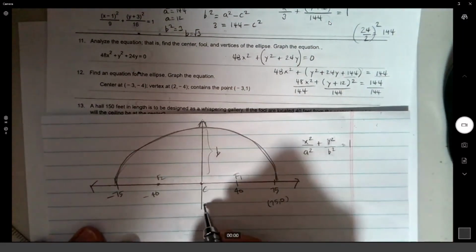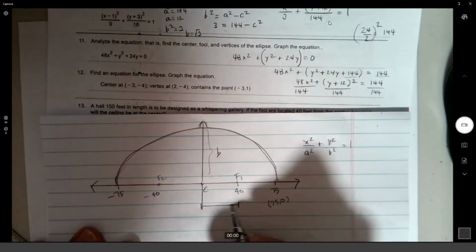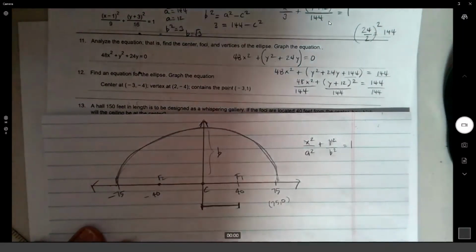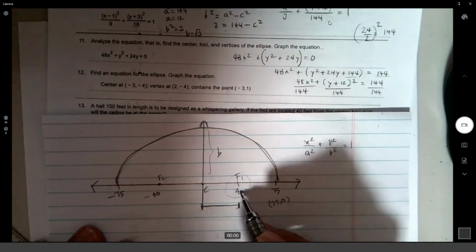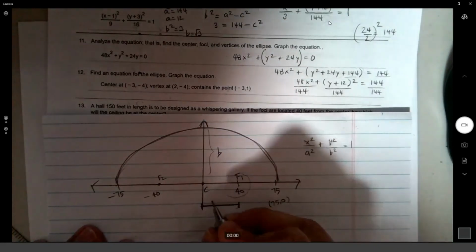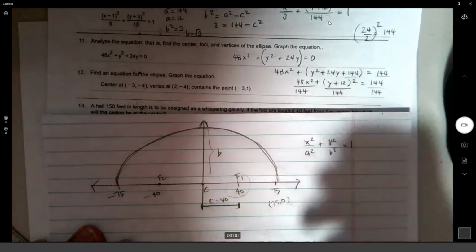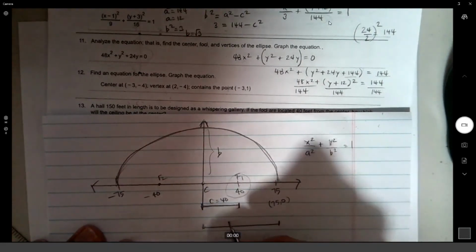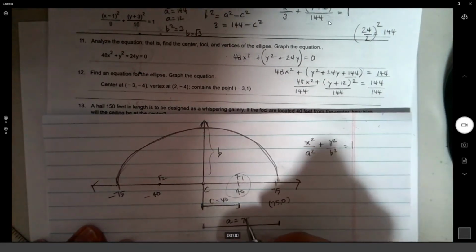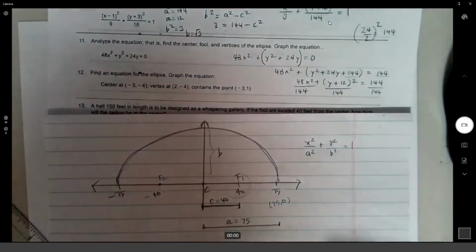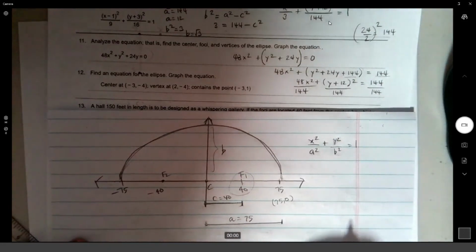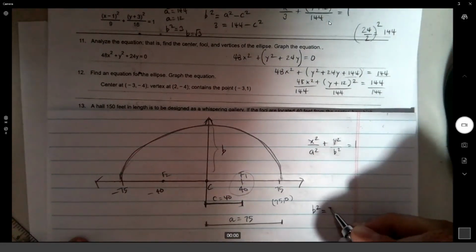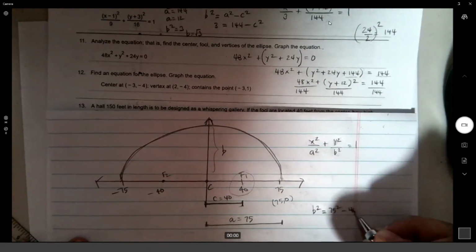In this case, this was a very useful piece of information. Since they're telling us that the foci are 40 feet away from the center, that means C must be equal to 40. This distance from here to here is what we know as A, which is 75 feet. Therefore, B squared is equal to 75 squared minus 40 squared.